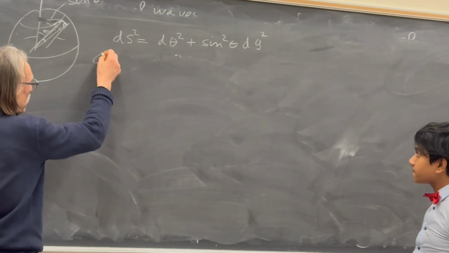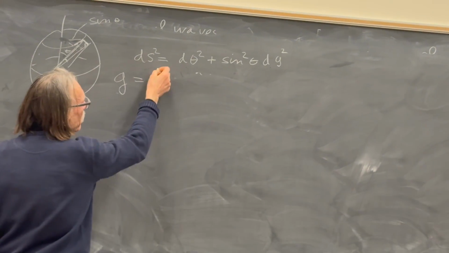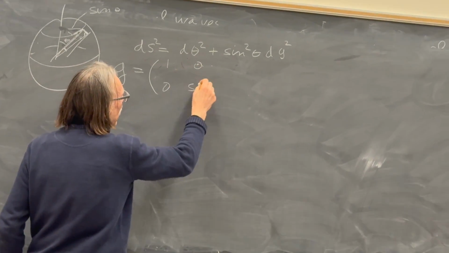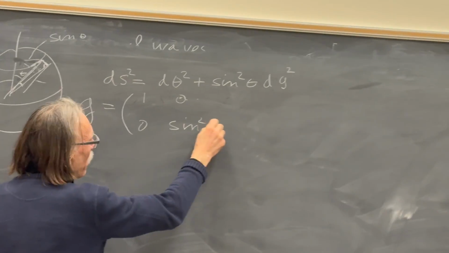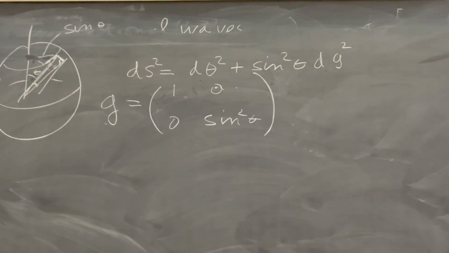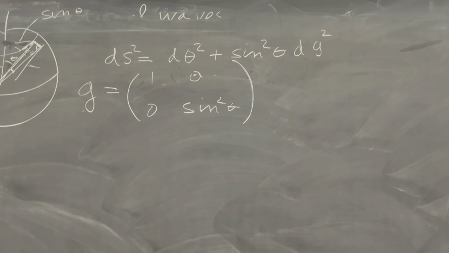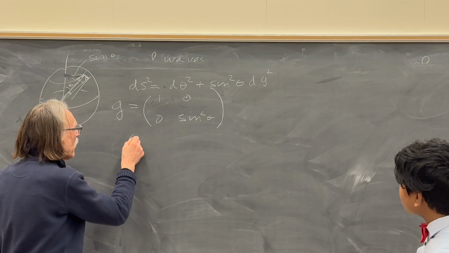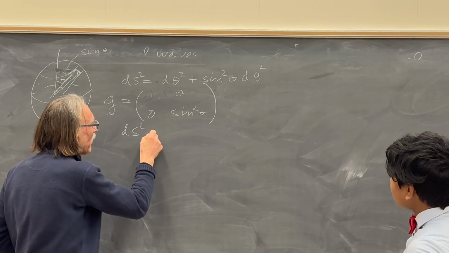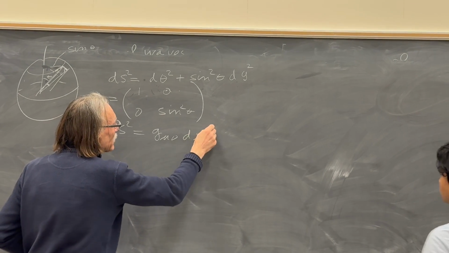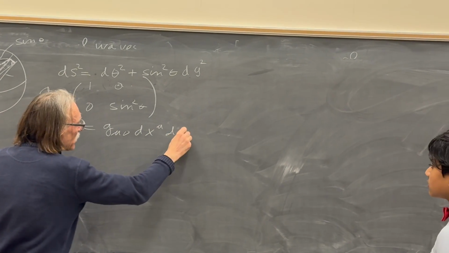And then you can read off the metric. That is 1, 0, it is diagonal, and sine squared theta. This is the metric. Where does this come from? Oh, by just reading off. Generally, ds squared is equal to g mu nu dx mu dx nu.